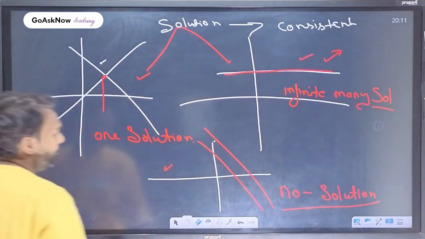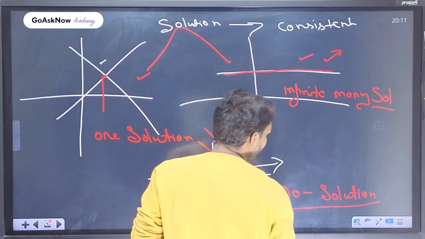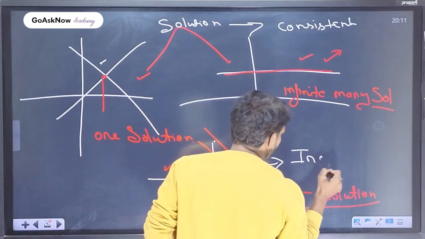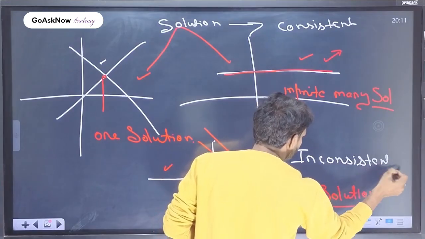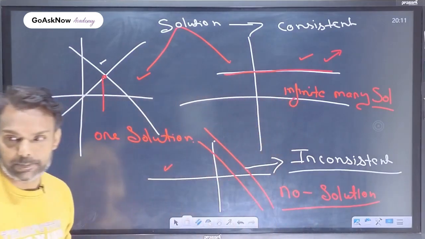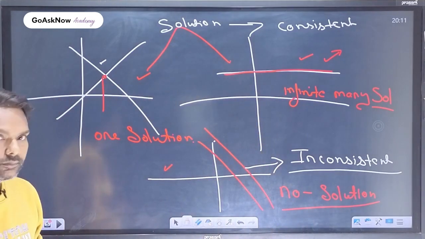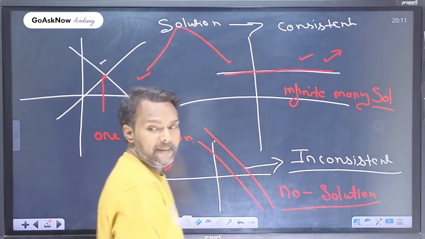And if they are parallel, then we say this pair of lines is inconsistent or independent.